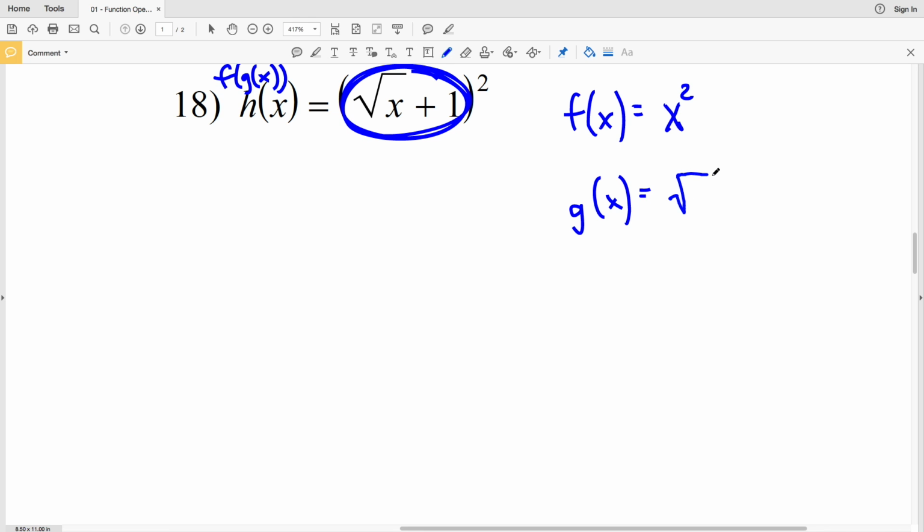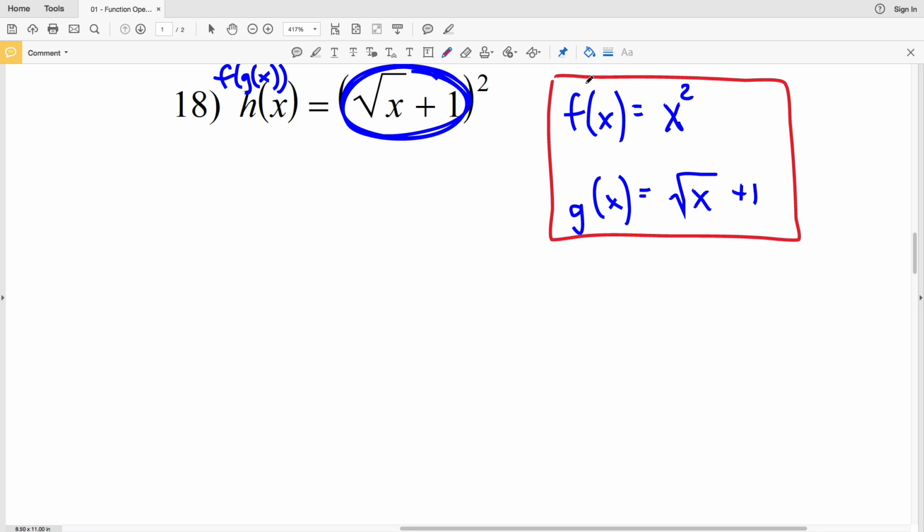So g of x would be the square root of x plus 1. And you can see the square root of x plus 1 plugged in for x would be the square root of x plus 1 squared. And that's our solution in number 18.